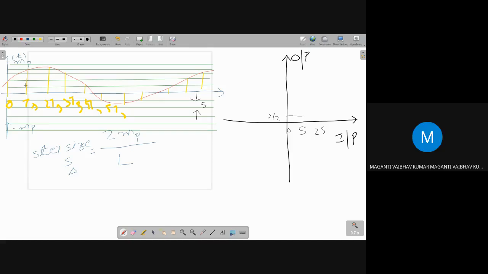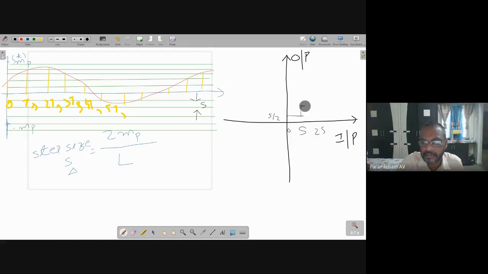So there you will get the output like this: from S to 2S, the output is 3S by 2. Similarly, from 2S to 3S, the output is 5S by 2, like this. So you will get the quantizer characteristics between output and input like this.